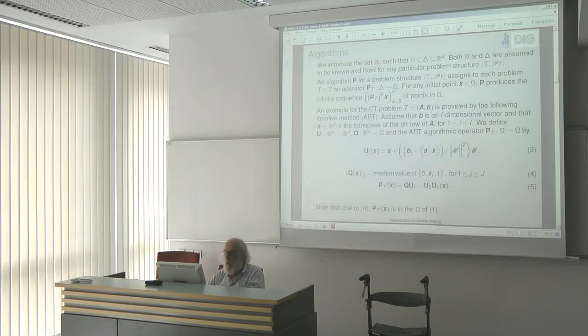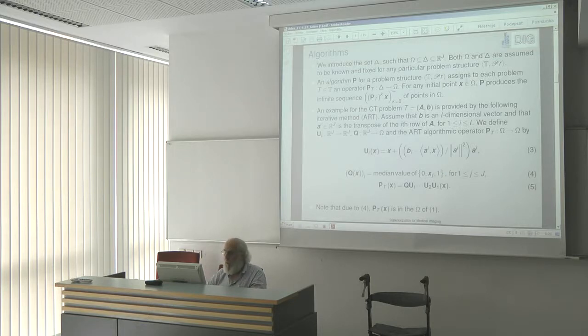And this operator will produce things from vectors, it will produce new vectors. So PR T, the algorithm for T, the algorithm is such that for each problem there's a specific version of it. We'll map delta, which is a superset of omega, into omega, which means it maps omega into omega.